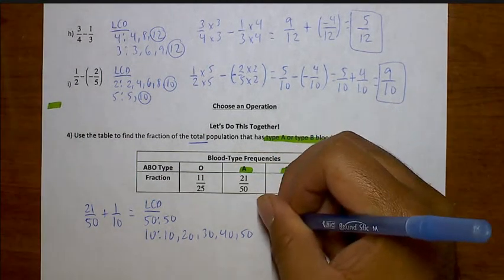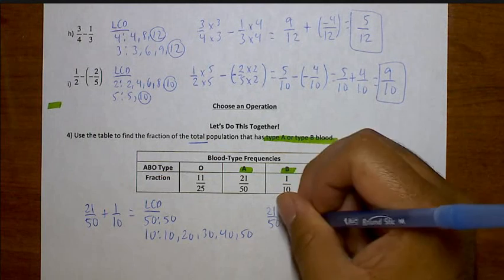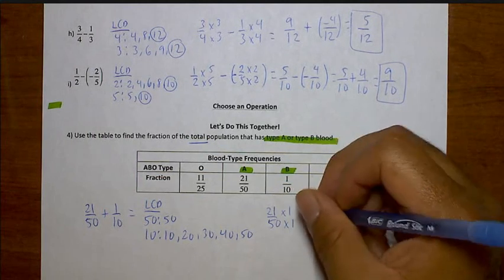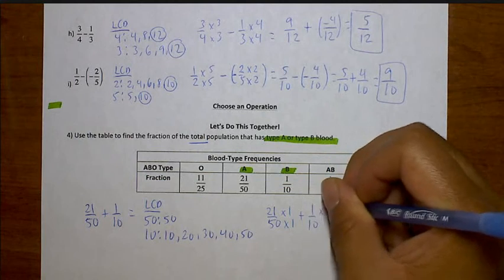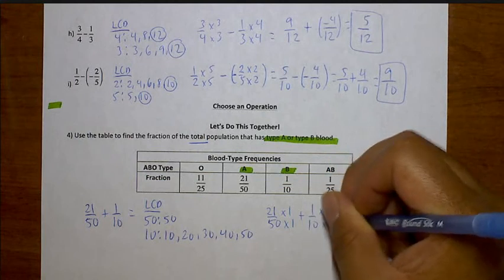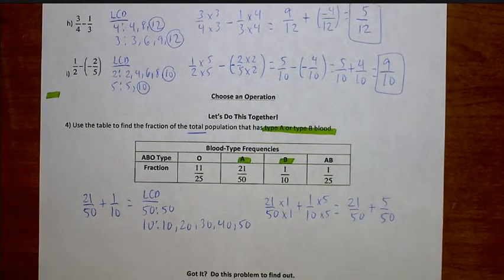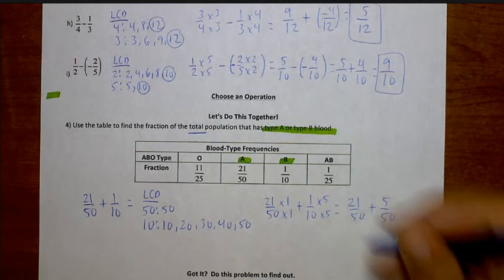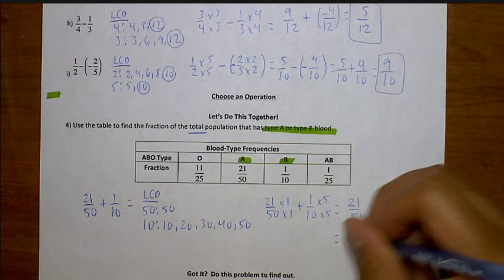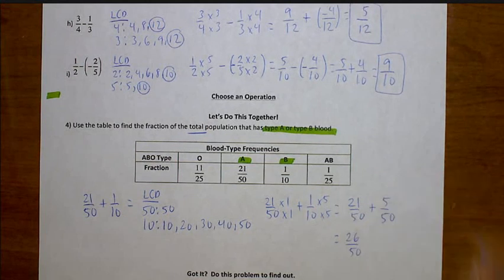So I can say 13 over 25 of the population has type A or type B blood. All right. Now that we did this problem, I want you to go ahead and solve the next problem by yourself. Please pause this video now.